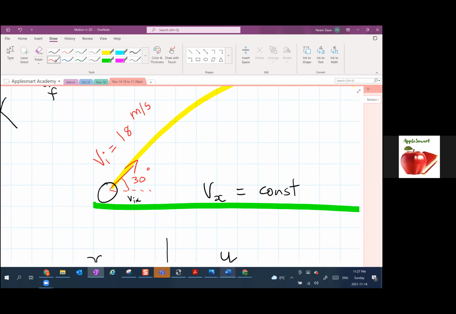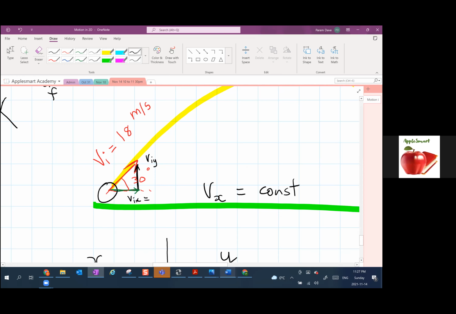If you have this vector pointing in that direction, this vector is going to have two components to it. One along the horizontal, that's the Vix, and then one along the vertical, that is Viy. Do we have enough information to find Vix?